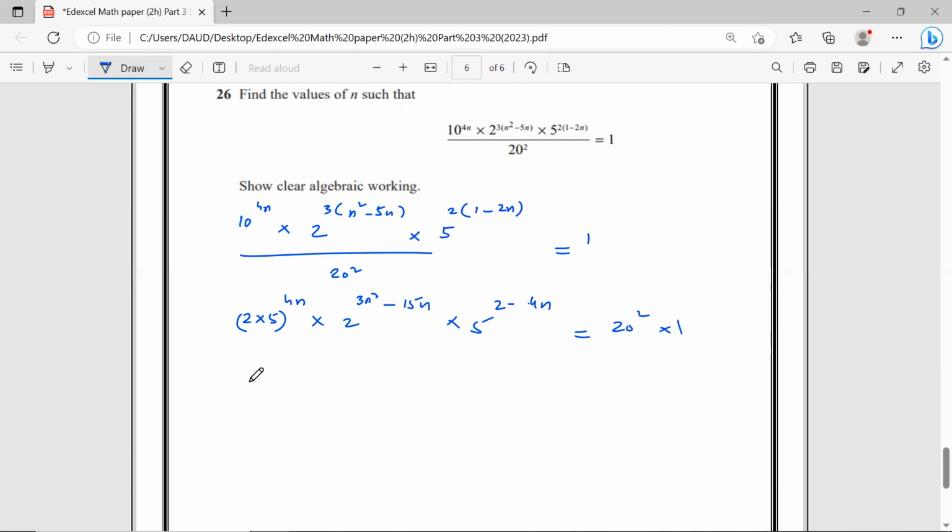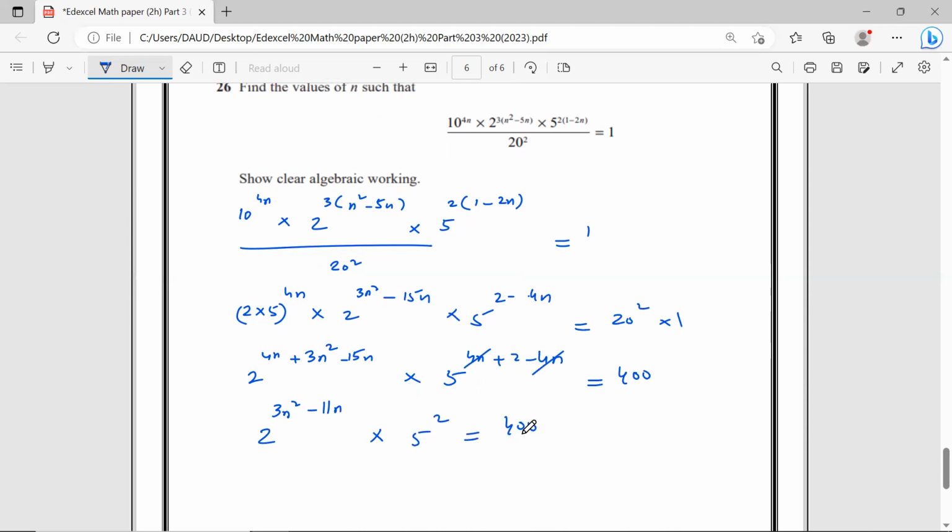And here 2 power 4n we can simplify with 2 power 3n squared minus 15n. If bases are the same, we can add the powers: 2 power 3n squared minus 15n plus 4n, and same as 5 power 4n plus 2 minus 4n is equal to 400. And here 2 power 3n squared minus 11n, and 5 power plus 4n minus 4n cancel, leaving 5 squared, is equal to 400.